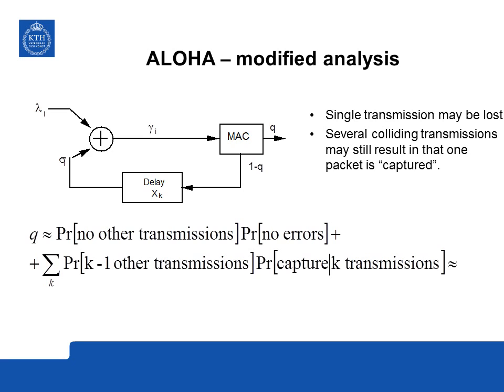And if we plug in our values, we can see that the probability that there is no other transmission is e to the minus gamma according to our exponential model, and 1 minus Pe is the probability that we have no packet error in a single transmission. And then we have the Poisson probability of having K minus 1 other transmissions in a slot times the probability that we have a correct capture of one packet given that there are K packets colliding.